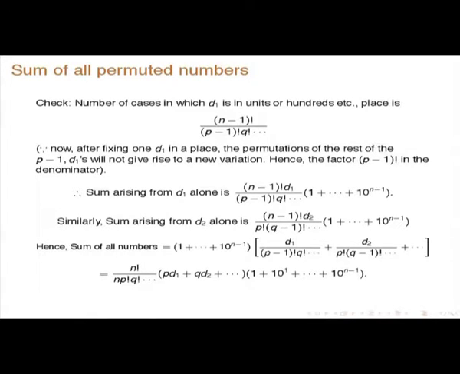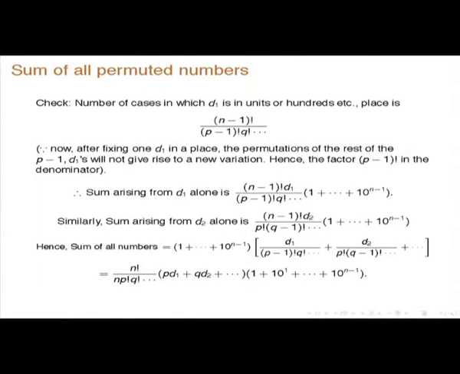So the sum arising from d1 alone is factorial n minus 1 into d1 into all this, divided by factorial p minus 1 into factorial q, etc. Similarly, the sum arising out of d2 is factorial n minus 1 into d2 by this, and so on. So the sum of all the numbers, you have to sum all these things.